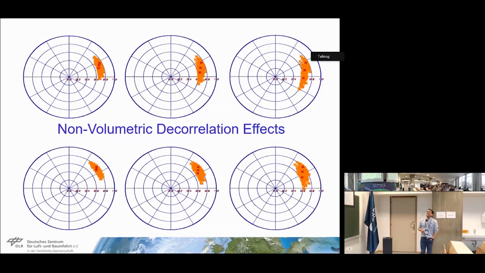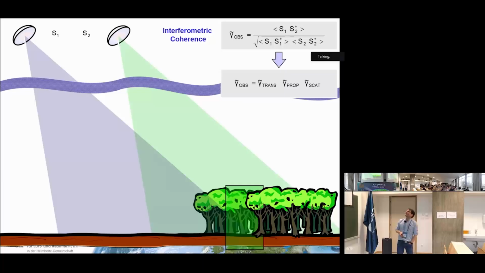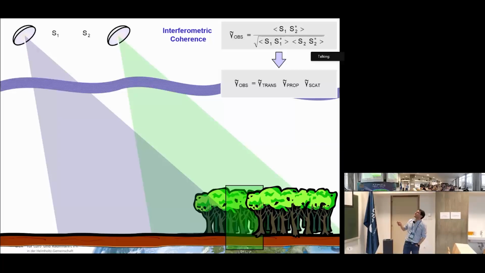Then, another important point about non-volumetric decorrelation effects. These slides will start to become very full. So we started from here. This is the coherence that you measure, and you estimate it from the data. We said you factorize this coherence in 3 factors.